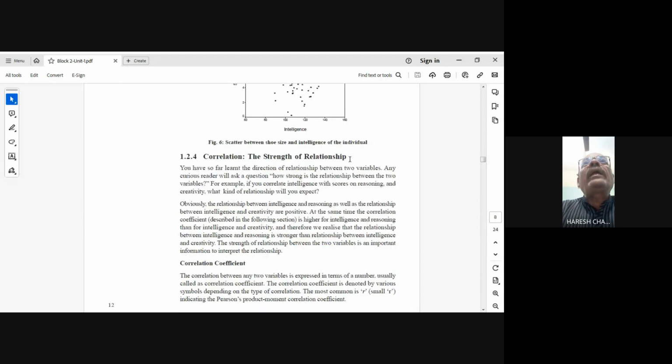And now the strength of relationship, or we call it correlation coefficients. In order to measure the strength of relationship, we have an identified measure which is called the correlation coefficient. Correlation coefficient means it is a range between -1 to +1.